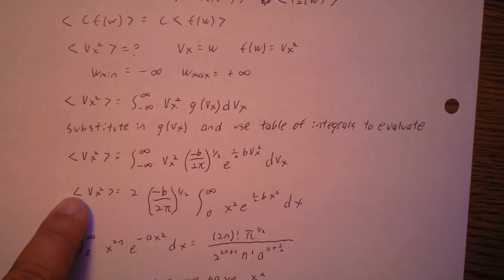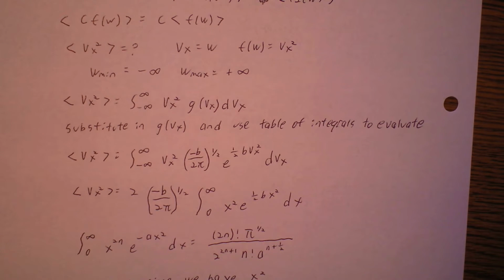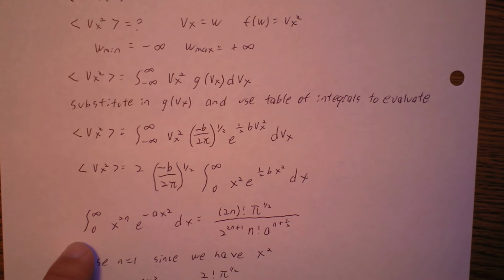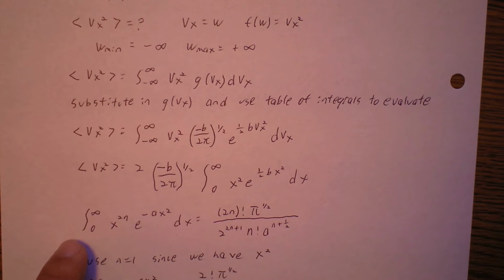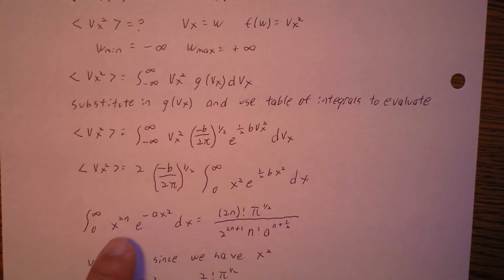So now the average v of x squared is equal to 2 times the square root of minus b over 2 pi times the integral from 0 to infinity of x squared times e to the 1/2 bx squared dx. So we get the integral from 0 to infinity of x to the 2n times e to the minus x squared dx.